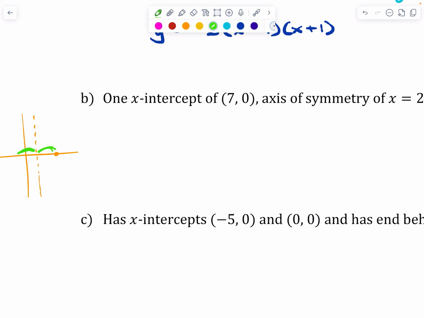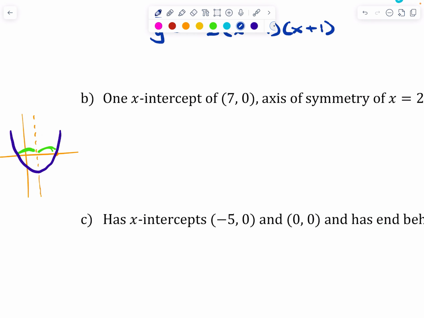And again, opens upward means that we're looking at something that looks kind of like this. But what's that other x-intercept? Well, whatever this particular distance is from 7 to the axis of symmetry, that's the same as the distance from the axis of symmetry over to the left side here. So let's figure out what that distance is.